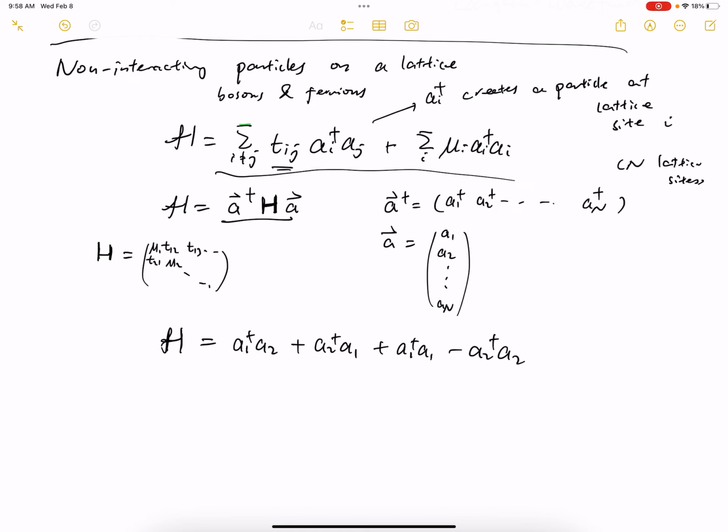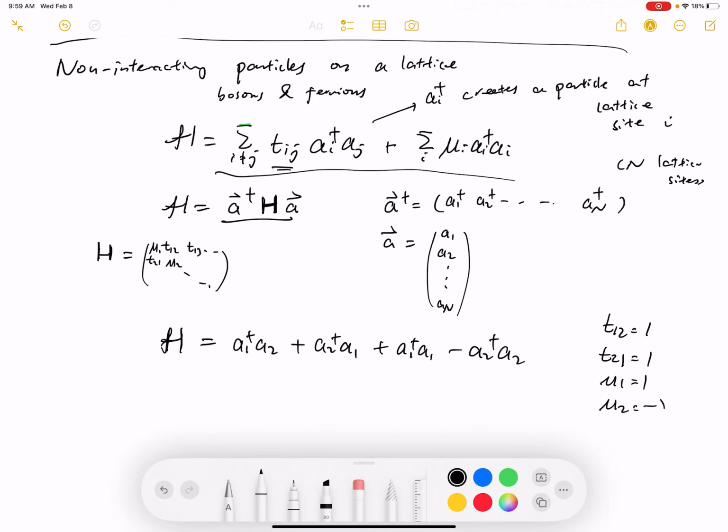I only have two sites. So this basically means my T12 is equal to 1, my T21 is equal to 1, and then my mu1 is equal to 1, and my mu2 is equal to minus 1, corresponding to that one. I'm just going to highlight this equation. It's just a special case of this.